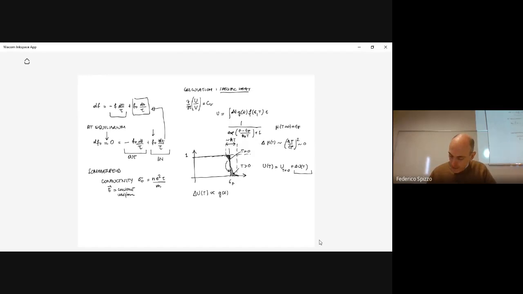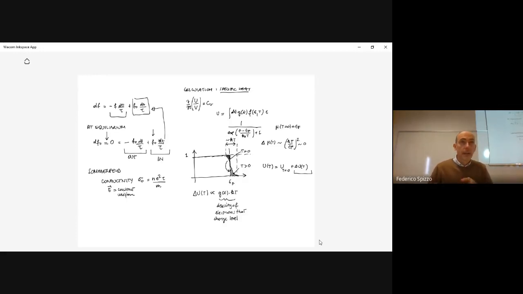So G of E times KT is proportional to the density of electrons that change level.